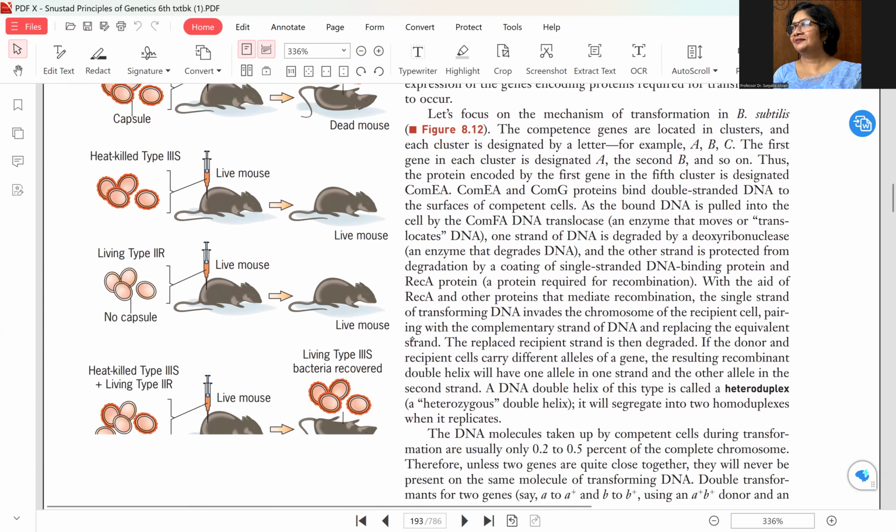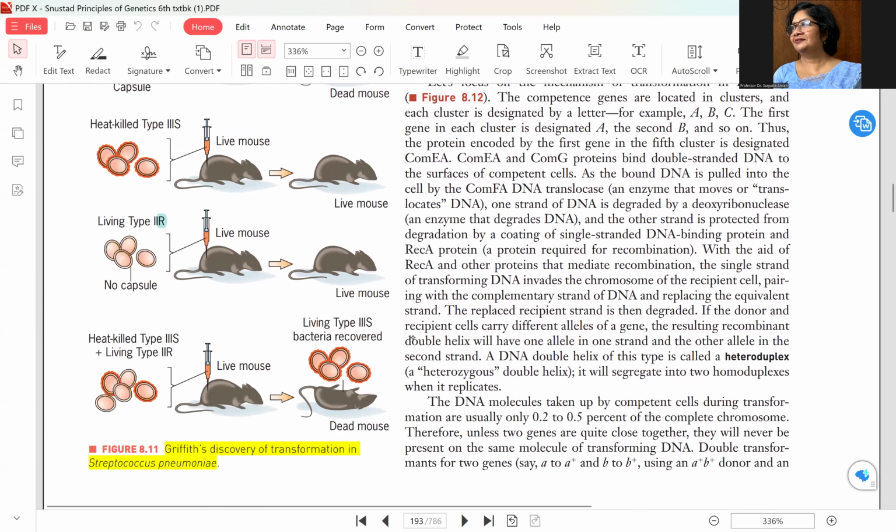If the type 3S bacterial suspension is heat killed, that is, if high temperature is employed to destroy the bacterial cells and the suspension is injected into mice, mice remain alive because the cells are now dead and cannot cause disease anymore. To cause disease, the cells not only require virulence factors like capsular material to work against the immune system, but they also need to express other factors which can actually establish the disease process.